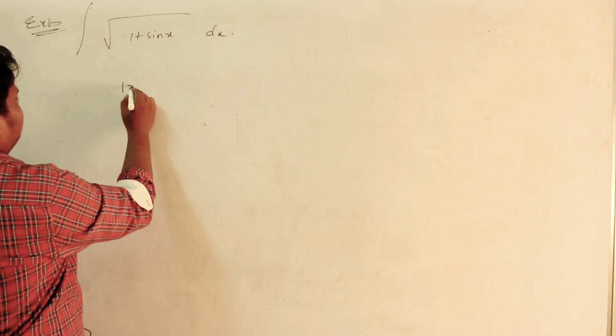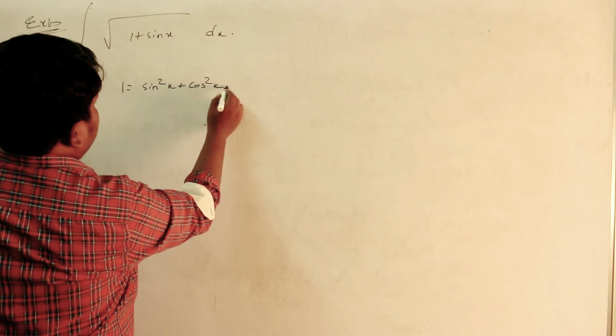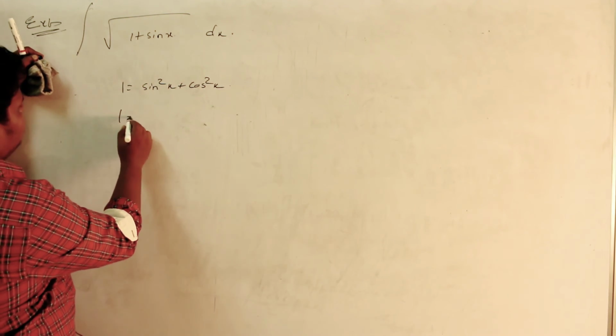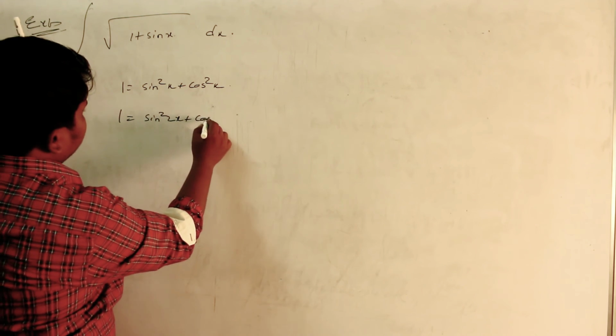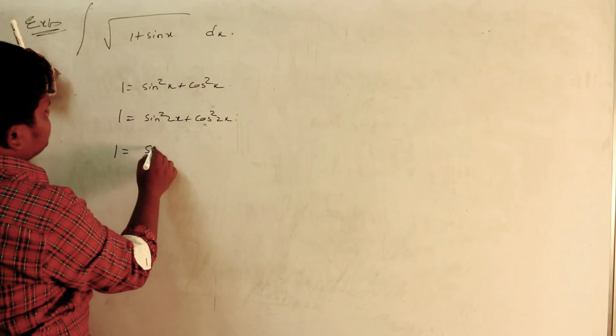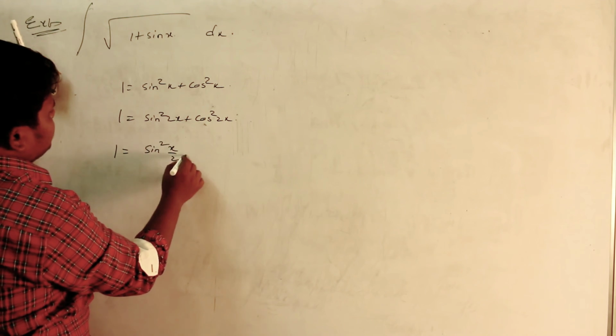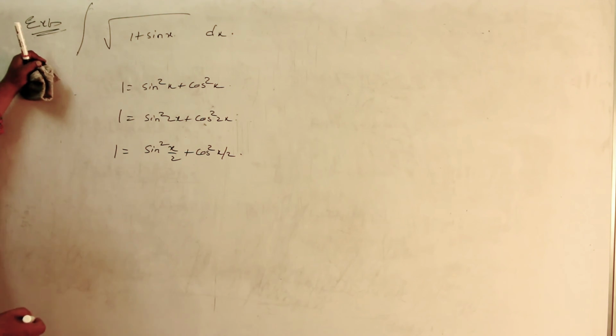1 can be written as sin square x plus cos square x. Same 1 can be written as sin square 2x plus cos square 2x. Same 1 can be written as sin square x by 2 plus cos square x by 2 also.